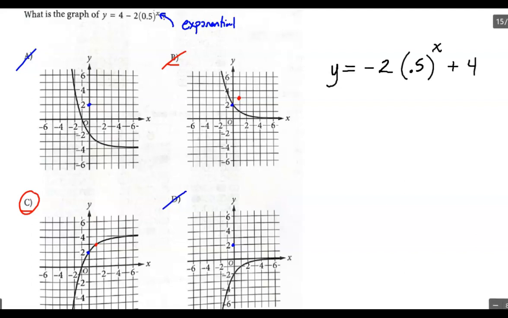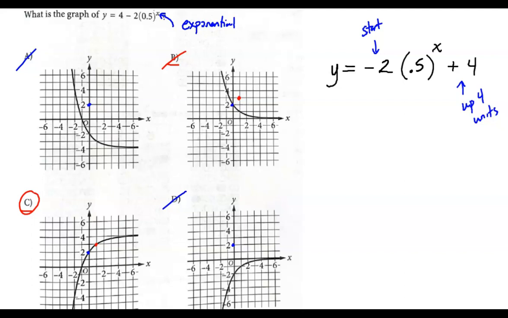This back number, pretty much with all graphs, tells me that I'm going to move my graph up 4 units. Normally, the 2 is going to be your starting value for a problem.